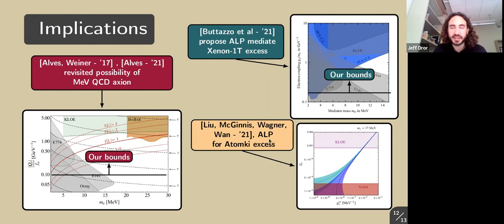This was an excess in beryllium decays that many of us have probably thought a little bit about in the past, including myself. And here you're seeing the bounds again overlaid on these different parameter spaces. So what I want to highlight is that even for the standard vertex, these new pion decay bounds are really critical in understanding the viability of whether it be the QCD axion or explaining various different anomalies.